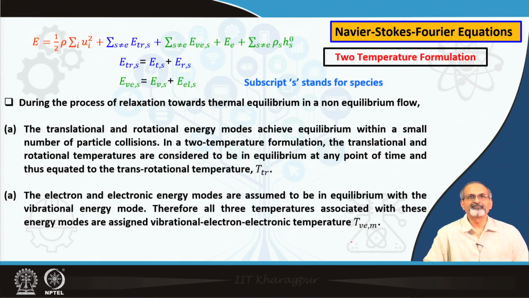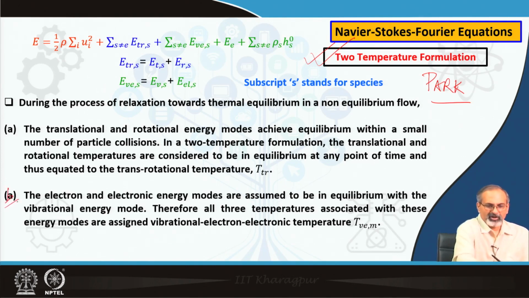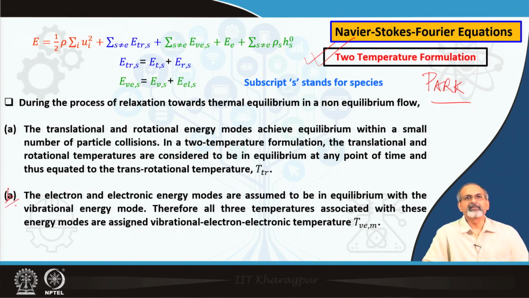So, these are easy to grasp concepts at this point of time, where you already have a good amount of maturity in this domain. Now, let us see how we mature it to a two temperature formulation following the proposal of Park. During the process of relaxation towards thermal equilibrium in a non-equilibrium flow, the translational and rotational energy modes achieve equilibrium within a small number of particle collisions.